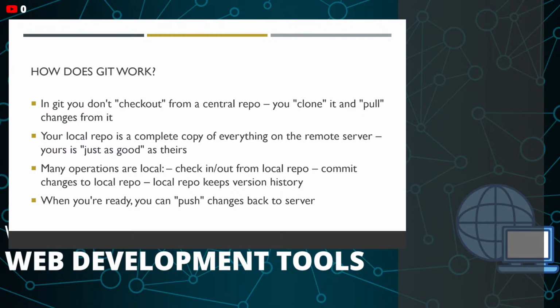Right, you're not checking out something from a central repo. You clone it and you pull it. And so we'll look more at that next week when we're looking at GitHub specifically, how we take an existing code base and clone it, pull changes, do all this sort of stuff.